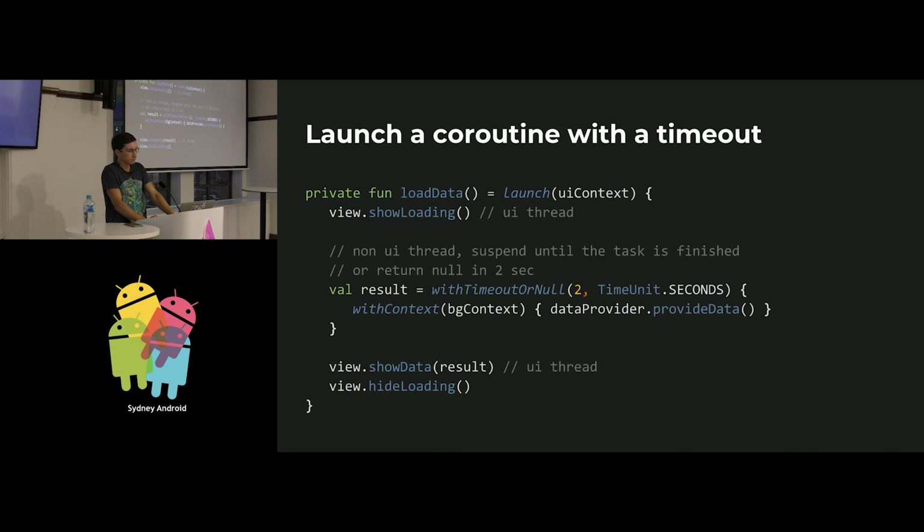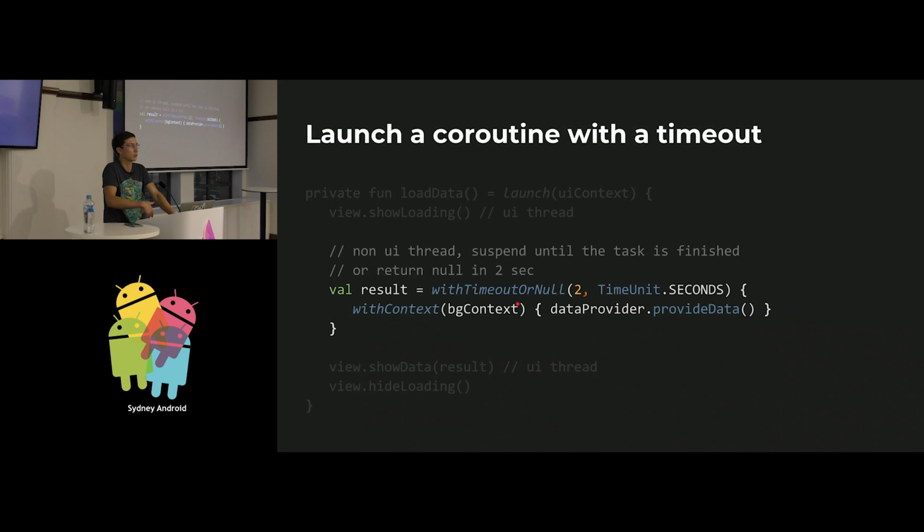Now, the other commonly used pattern is, for example, if I want to launch some task with some timeout, because, for example, when you do login and the server is not responding, you don't want to wait 30 seconds or whatever timeout is hard-coded in your HTTP client. In this case, we will just wrap our with context function, which is basically a child coroutine, with another function called with timeout or null.